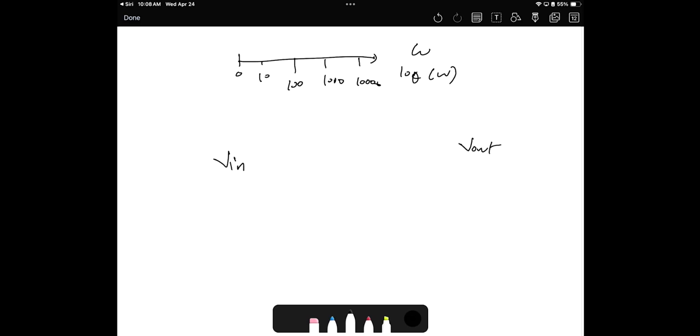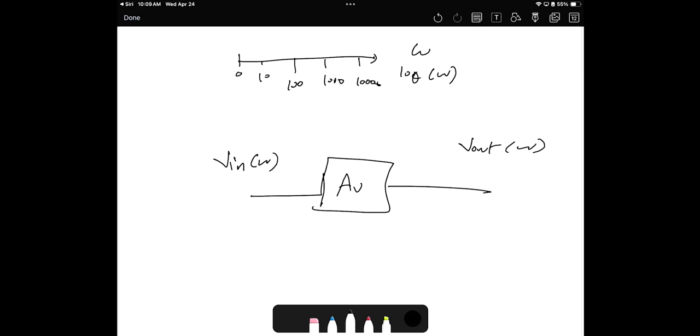It can be voltage, whatever. Let's assume it's in the frequency domain, of omega. Then you will have a system. That system, for example, I can make it an amplifier, as an example.